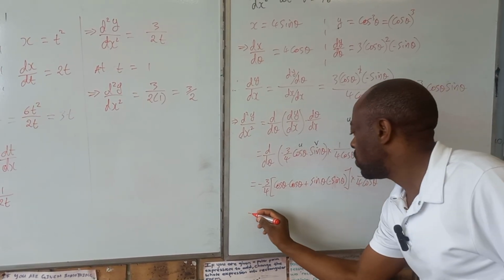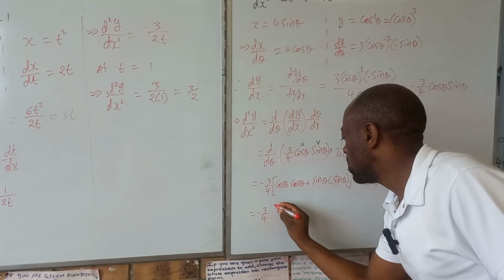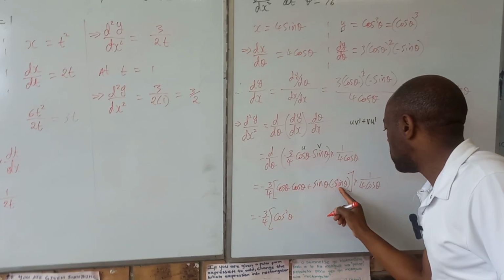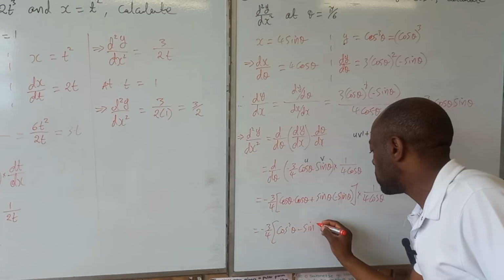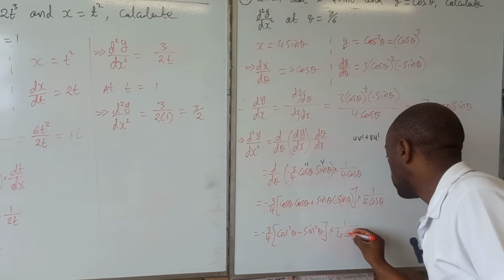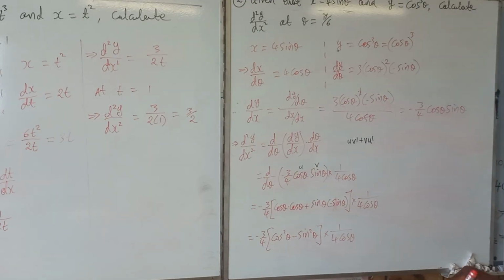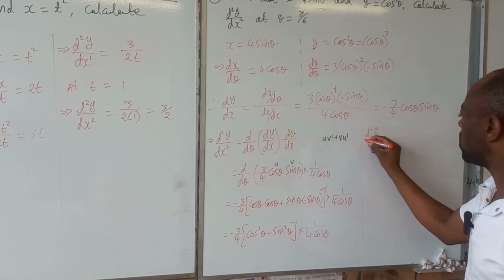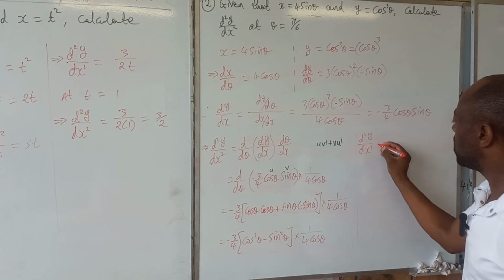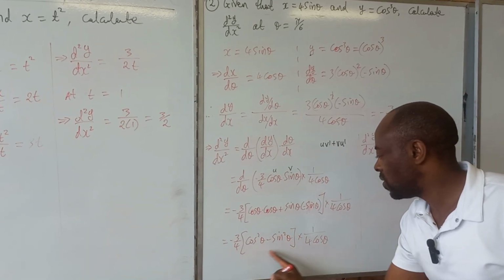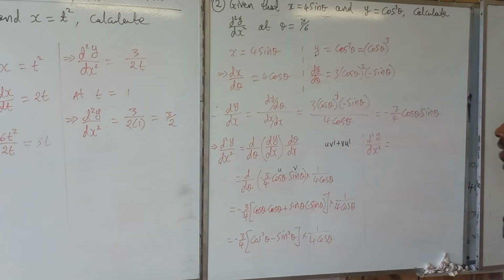So what you will see in the bracket is cos times cos, which is cos squared theta. Sine times minus sine is negative sine squared theta. Then multiplied by 1 over 4 cos theta. So that is where we are going. Then our final answer for the second derivative: if you know your trigonometry well, you will know that this is cos 2 theta.